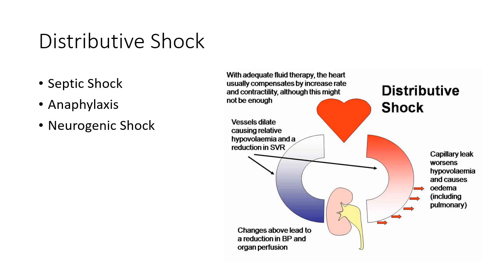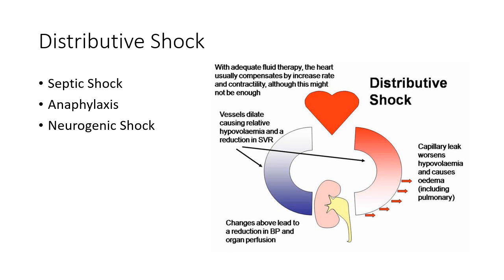When that happens, the space itself gets much larger, and as a result, the patient's blood pressure begins to fall. Some of the most common causes of distributive shock are going to be sepsis, and with young kids of school age, diseases such as meningitis come into play.